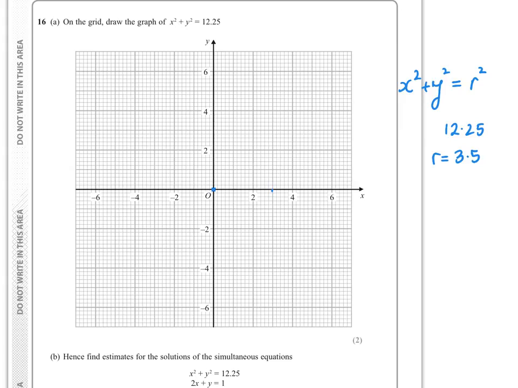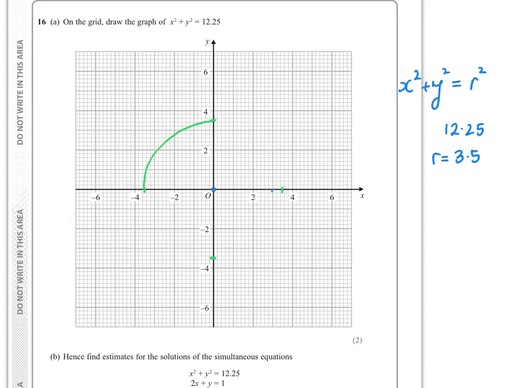So 3.5, I'll do it in a different colour, would be here, here, here, and here. And then you'd probably use a compass, I would say. I don't have one at hand, so I will just try and draw a circle as best I can.